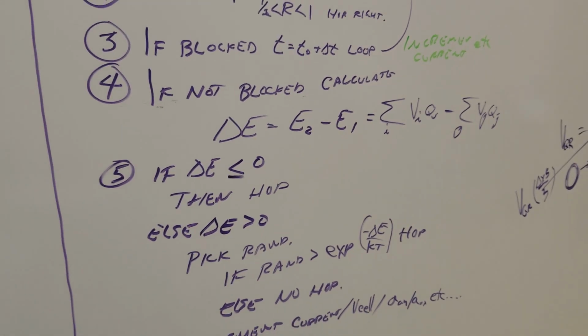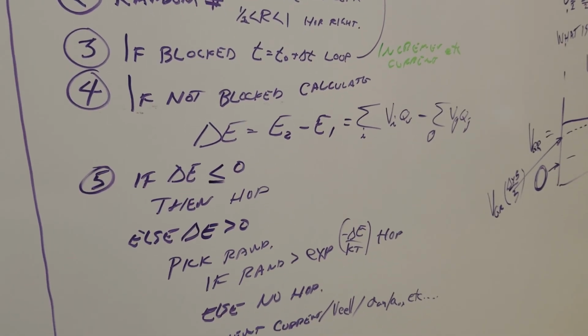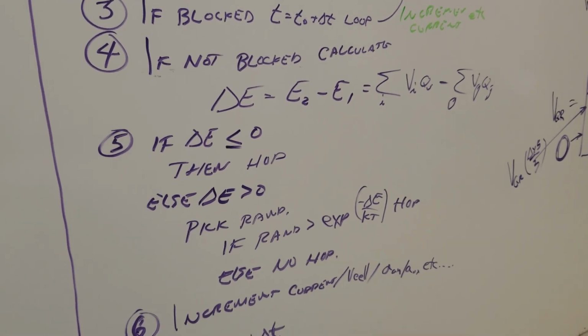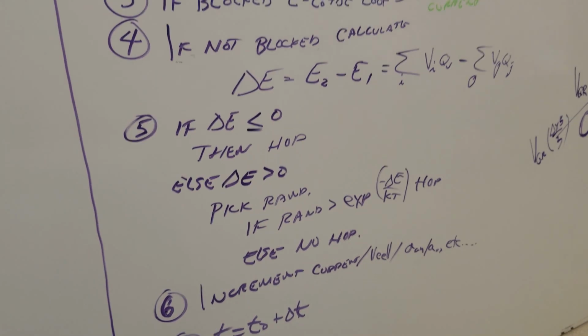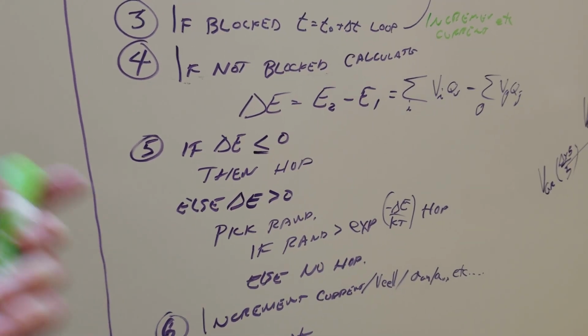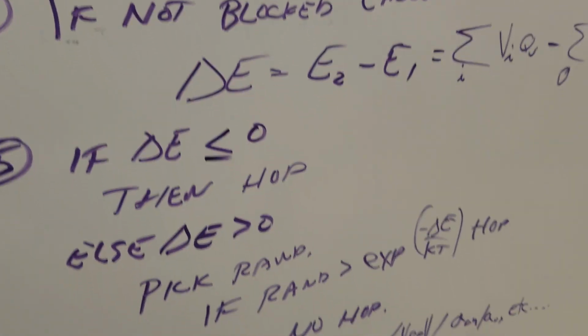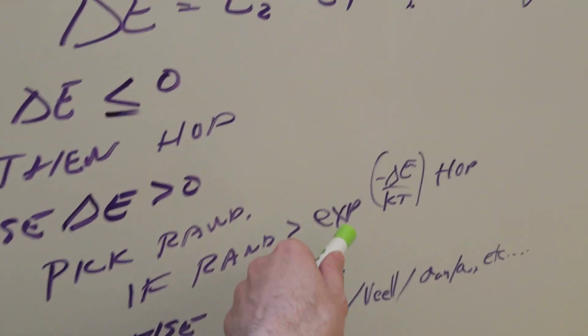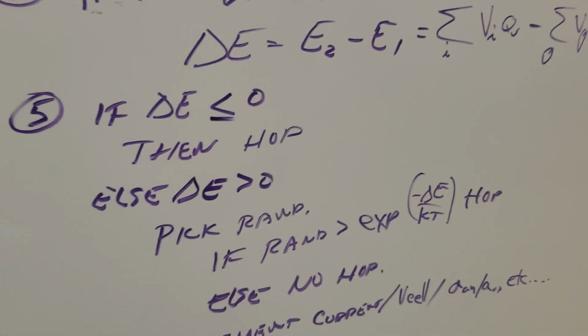If that change in energy is less than or equal to 0, then we say it spontaneously hops. Now, if it's greater than 0, then it may or may not hop, depending on whether or not it satisfies the Boltzmann equation. So we pick another random number, and if this random number is greater than the exponential of negative ΔE over kT, then we hop, otherwise it doesn't hop.